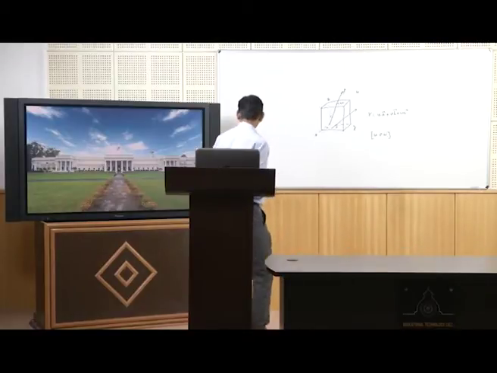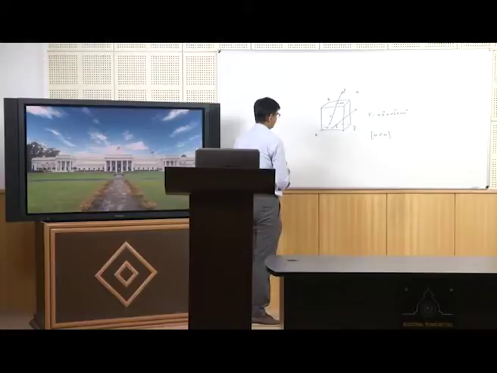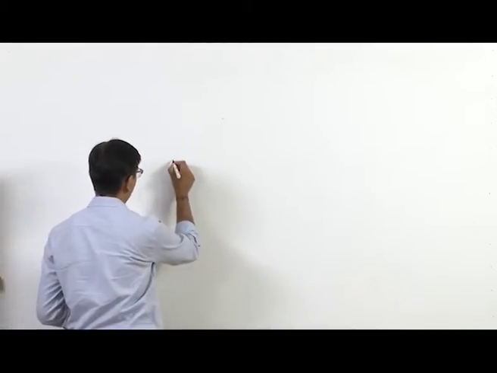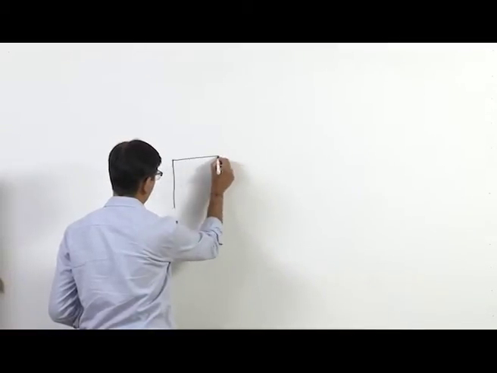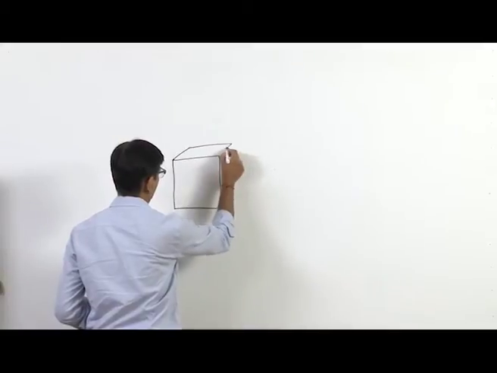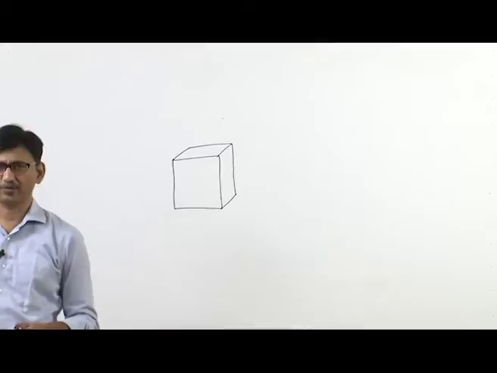Let us take some examples here which will help us in understanding this. Again I will make the unit cell here for a cubic crystal. We will take mostly the example of cubic crystals.